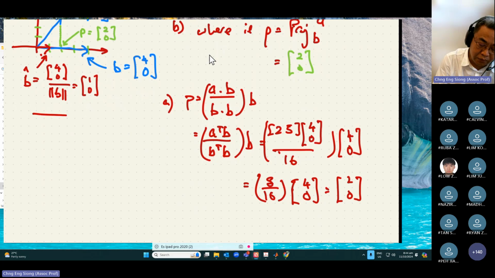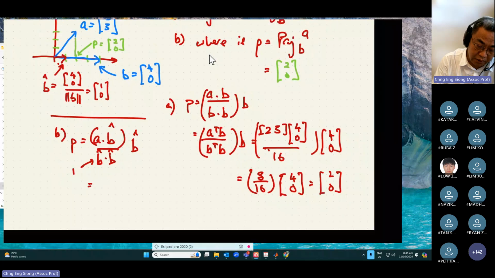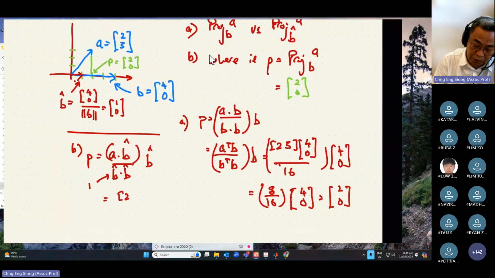Now let's try the second one. P is equal to A dot B hat, right? Now we are not interested in B hat dot B hat anymore because this goes to 1. And now we are multiplying by B hat. So A dot B hat is, what is A again? 2, 3, the transpose. B hat is 1, 0.